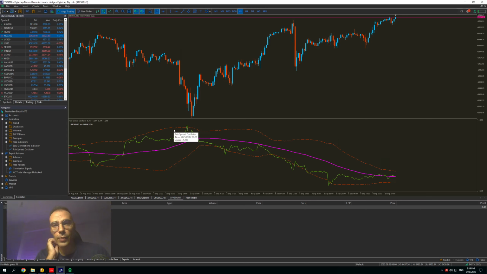So obviously we expect this gap to close between these two. So a good strategy here could be to sell the stronger, that is S&P 500, and buy the weaker, that is Nasdaq. And you can close when we cross the MA or when we cross the other band, the lower band.